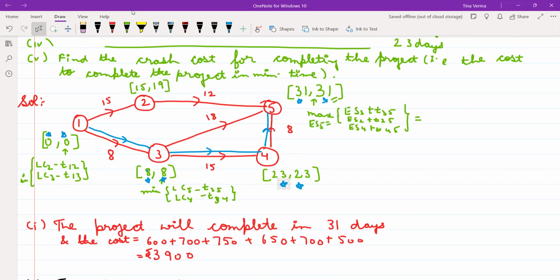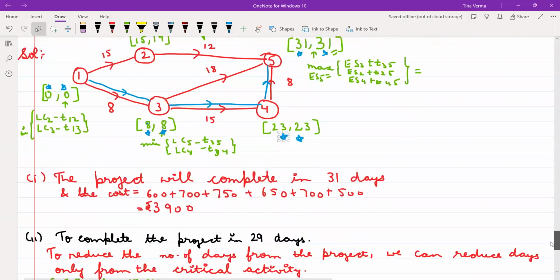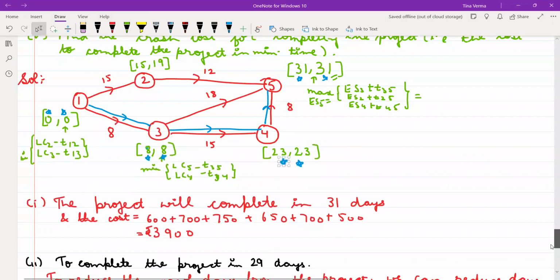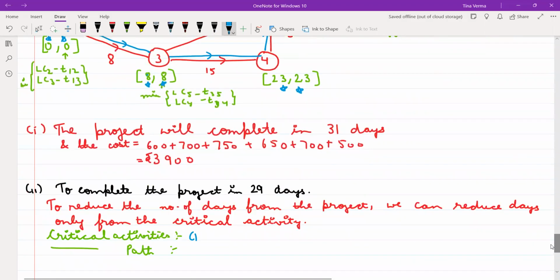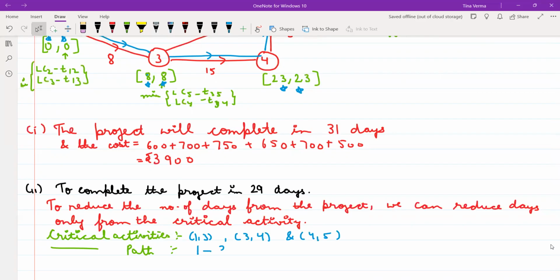So that means my critical activities are 1 to 3, 3 to 4, and 4 to 5. Is it clear? And what is my critical path? That 1 to 3 and 4, 3 to 4 and 4 to 5. Is it clear? Yes. Now, how you have to select?